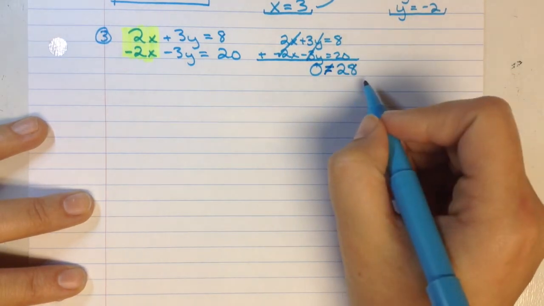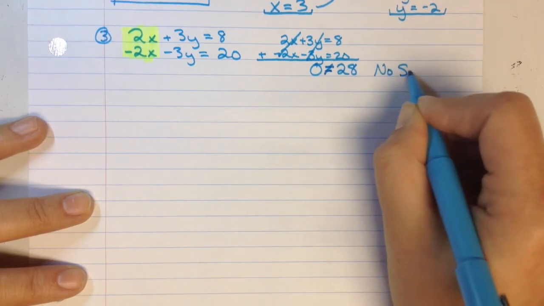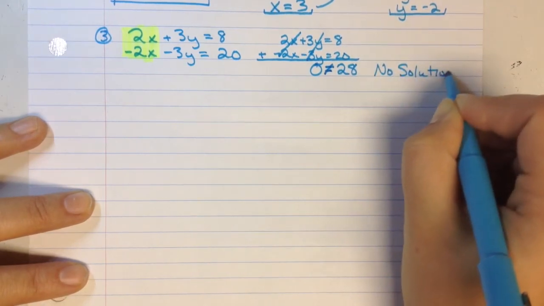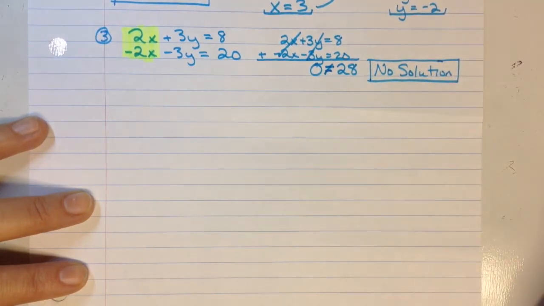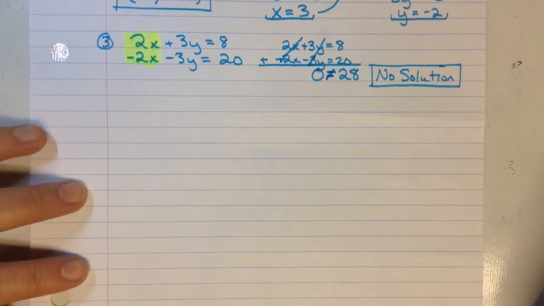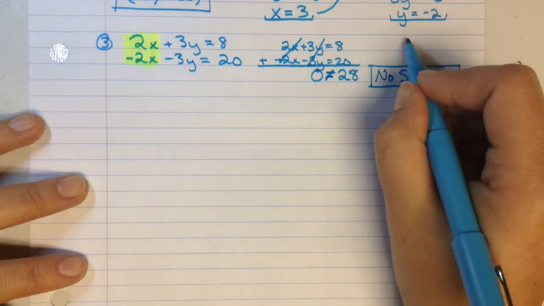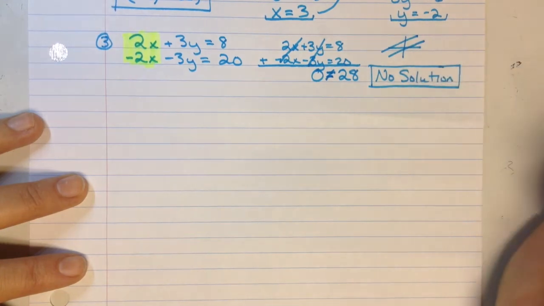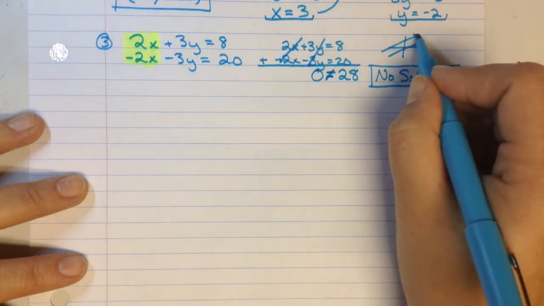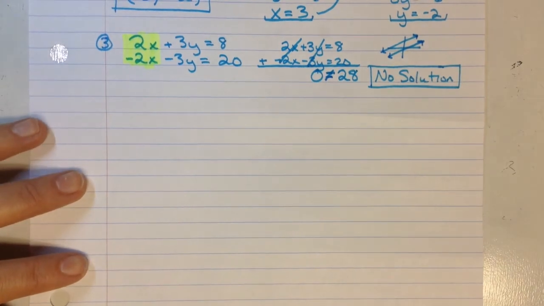And since that is not true, you would say that this system has no solution. If a system has no solution and I graph them, what would you see on your graph? Whatever these lines are, somehow they're parallel to each other, which means they will never touch. If we were to graph it and see it like this, we would also notice that it has no solution.